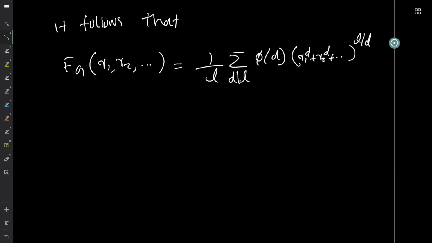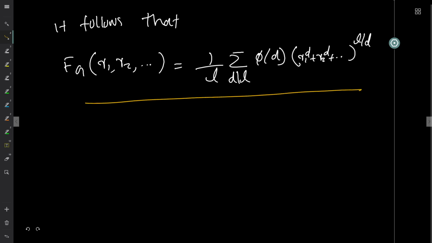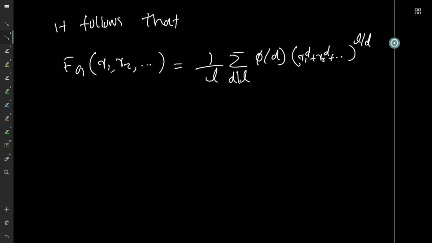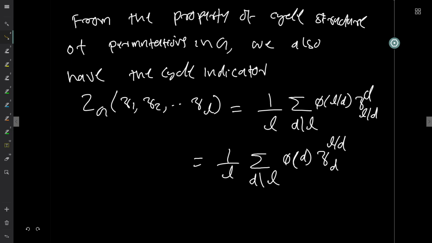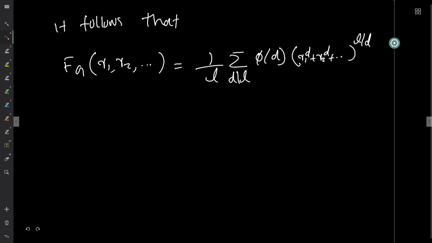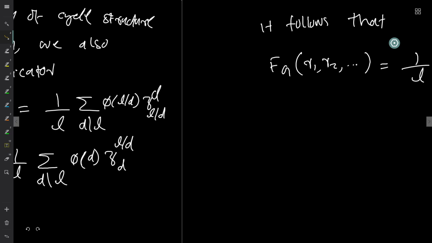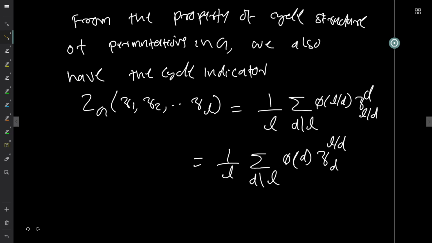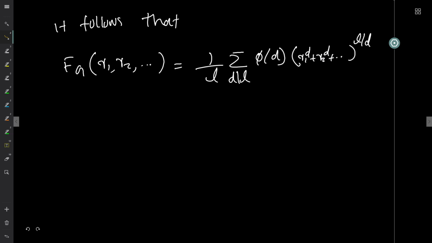It follows that F_G of R1, R2, etc. — we wanted to find the entire generating function — can be written as 1 by L, summation over D dividing L, phi of D, and then you replace Z_D by the corresponding R1 raised to D plus R2 raised to D plus etc. We said that Z_i is replaced by R1 raised to i plus R2 raised to i plus etc. In this case we have only Z_D, so we have R1 raised to D plus R2 raised to D plus etc., whole raised to L by D. So this is how we use Polya's theorem.